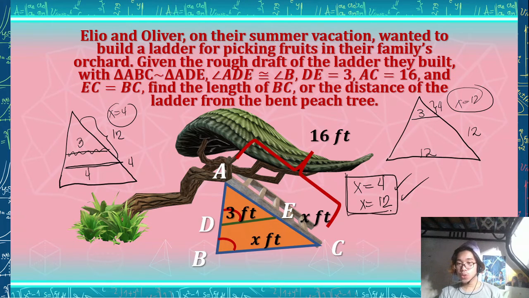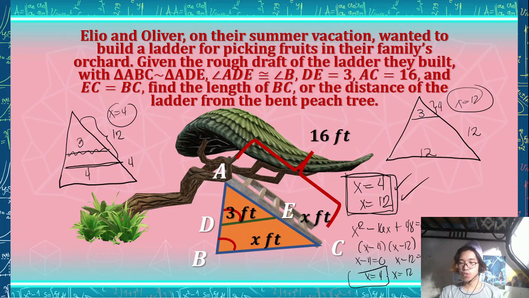But we got the two solutions based from the factored quadratic equation that we had earlier, which was x squared minus 16x plus 48 is equal to 0. When we factored it, we got x minus 4 and x minus 12. If we equate both factors to 0, we get both correct solutions for this one: x is equal to 4 and x is equal to 12. And that's how we solve this problem.